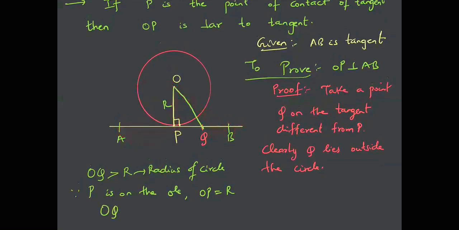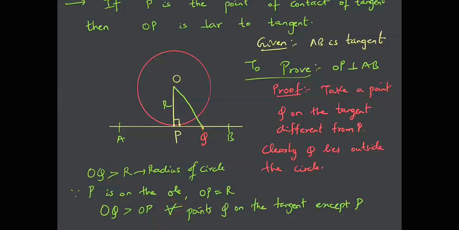So I can say that OQ is greater than OP for all points Q on the tangent except P. This symbol is for all. I think we have already used it before.